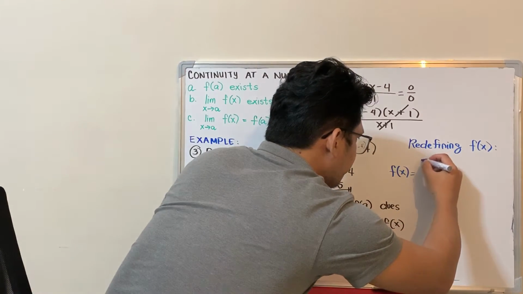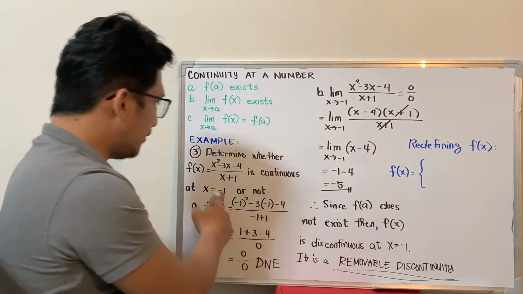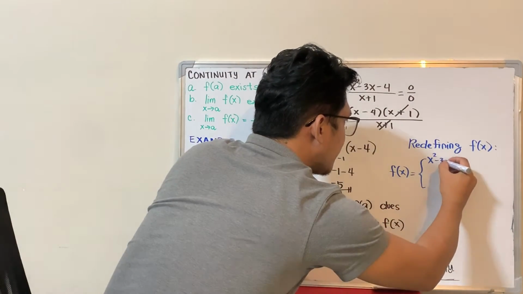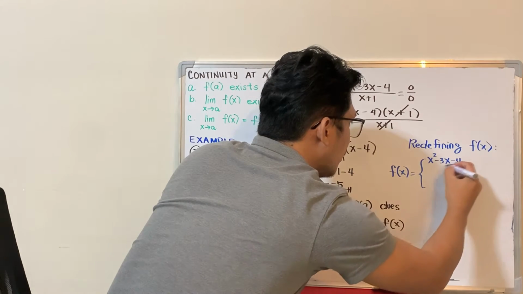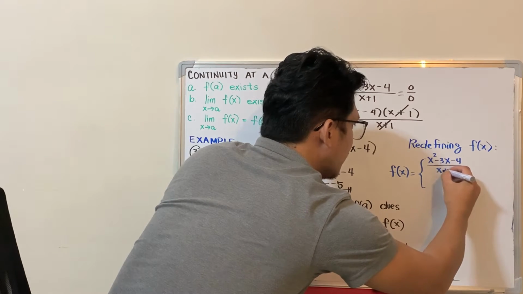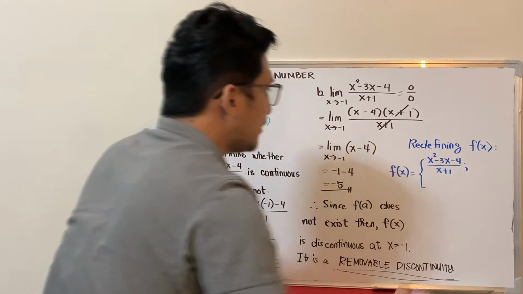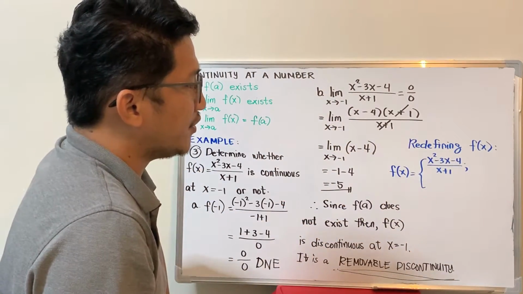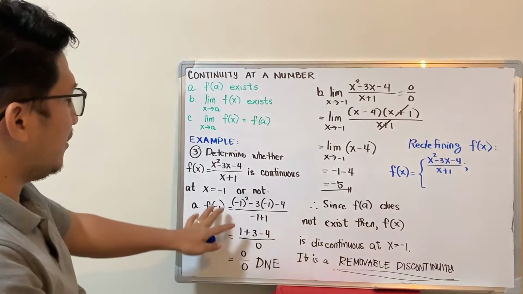So, this is the original function, x squared minus 3x minus 4 all over x plus 1. Okay? This function is applicable only for all x element of real numbers such that x is not equal to negative 1.